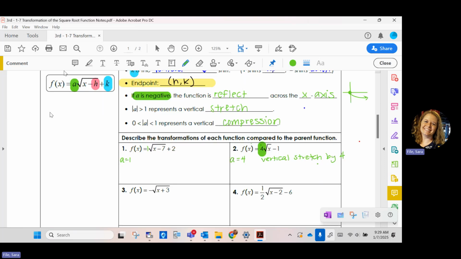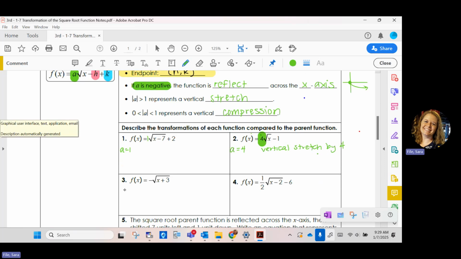What about in number 3? What is your A? Yeah, you see that negative there in front. There's no number, so it's just a 1, but negative 1. What does that tell you about this function? Very good. So this one is going to reflect or flip over the x-axis. So we know it's going to be upside down. And what is A in number 4?